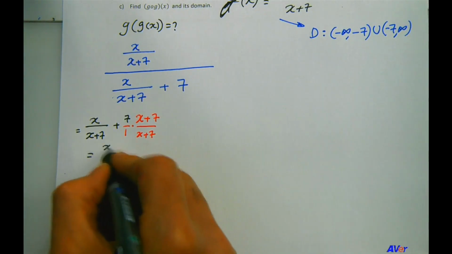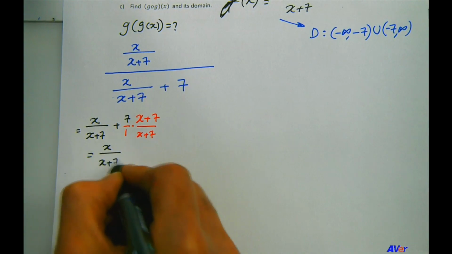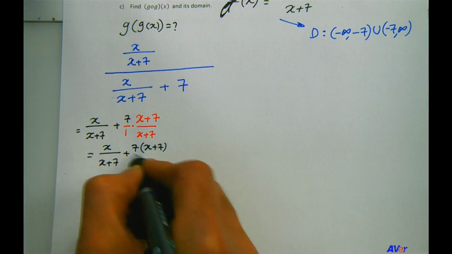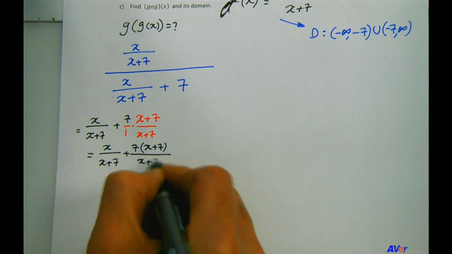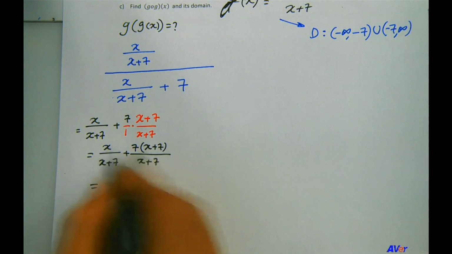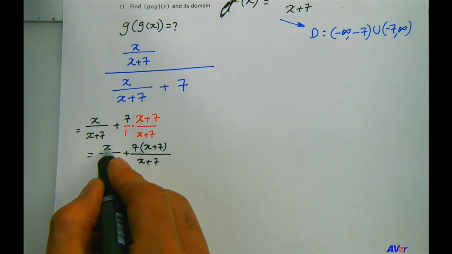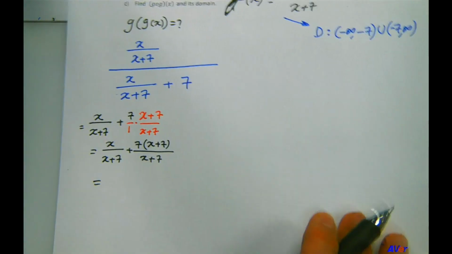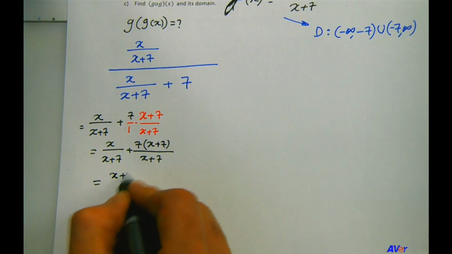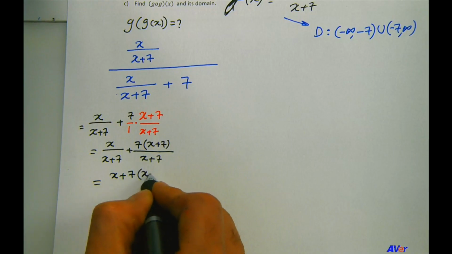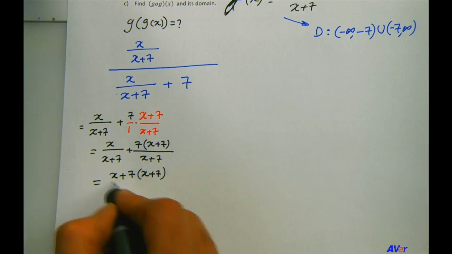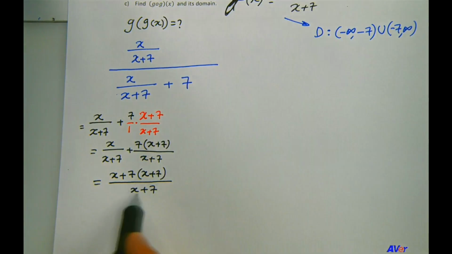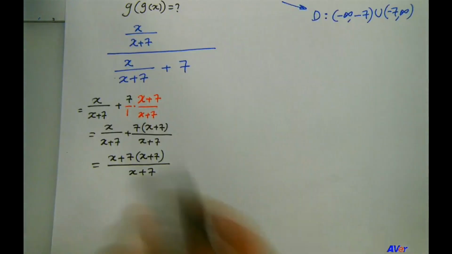Okay, so what do we end up with? We end up with x over x plus 7 plus 7 times x plus 7 divided by x plus 7. So the denominators are common, add the numerators. So we end up with x plus 7 times x plus 7 divided by x plus 7. Let's simplify the numerator, right?